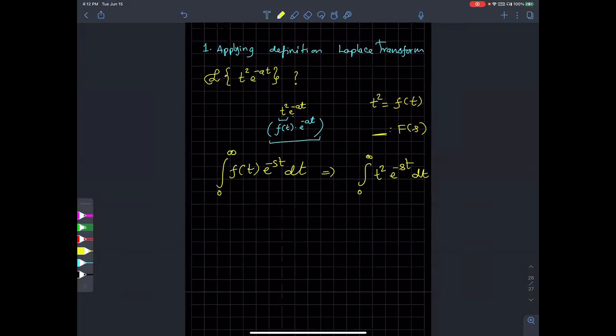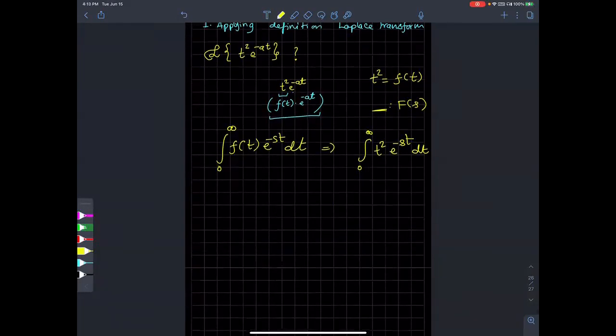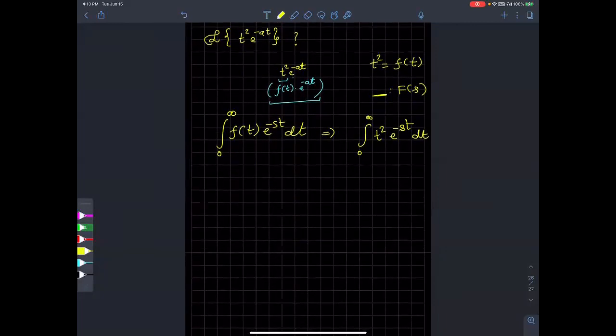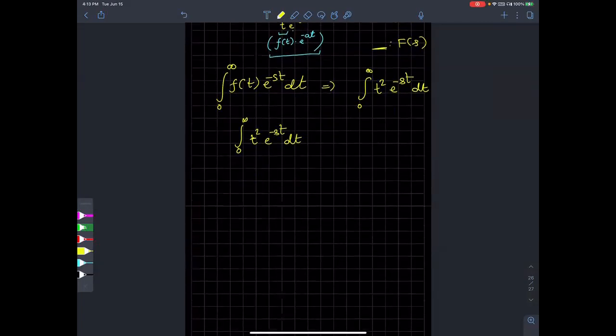Okay, that's F(s), right? Now we know that this integral of t squared e to the negative st dt is a compound function in the form of u dv.